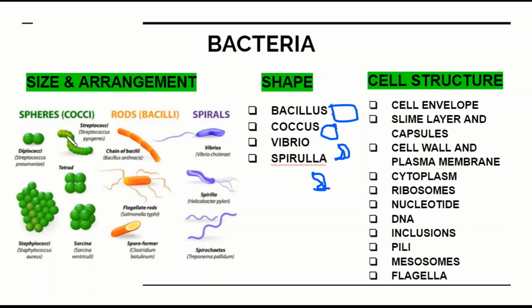If they are linearly in a line, then it will be referred to as streptococcus, and if they are like a bunch, then staphylococcus. Similarly with spirals, if there is a single spirillum, it is called spirillum, while if they are in a linear chain of more than 2, 3 or 4, then it is referred to as spirilla.